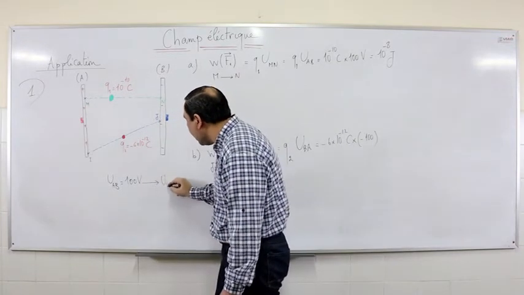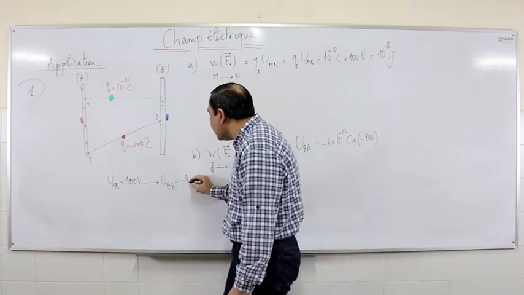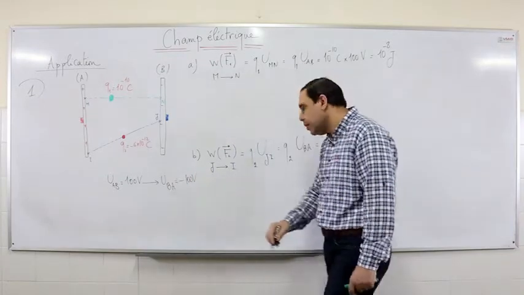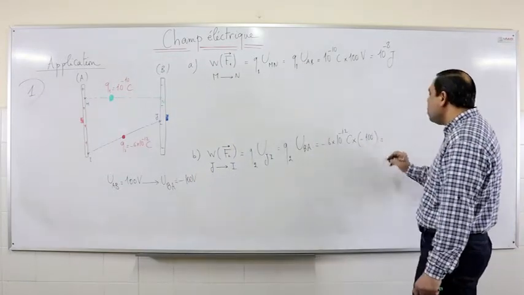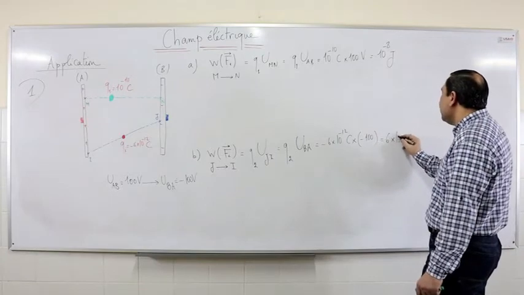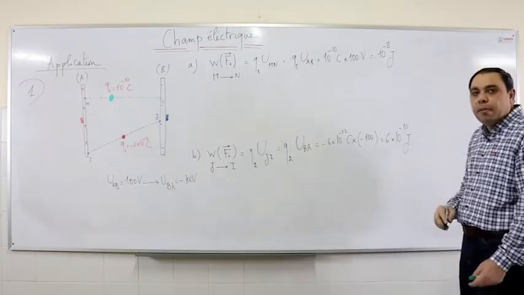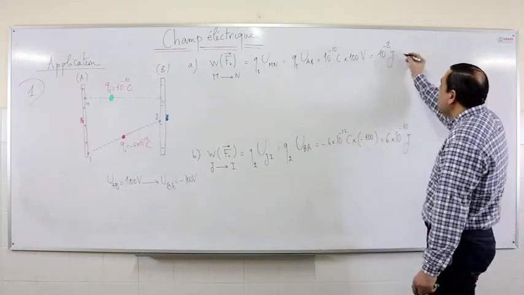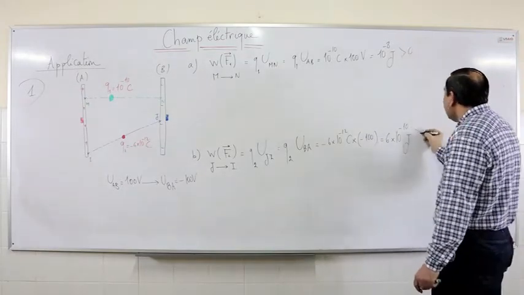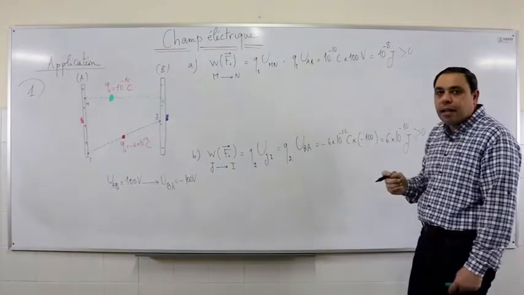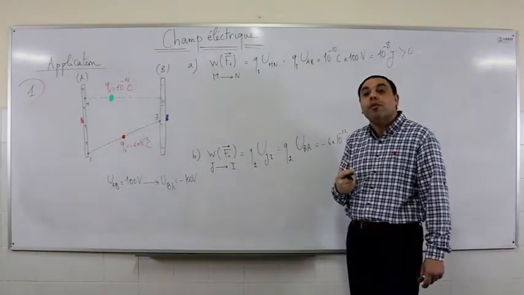UAB is 100 volts, hence UBA is equal to minus 100 volts. The result is equal to 6 times 10 exponent minus 10 joules. Note that both works are positive, hence they are motive works.